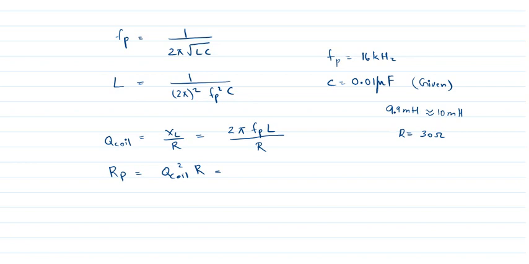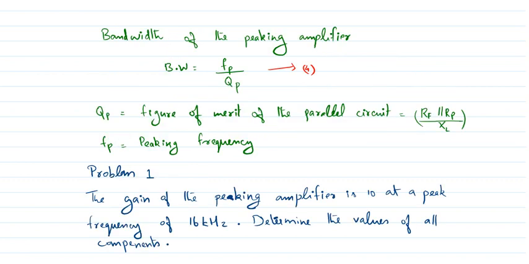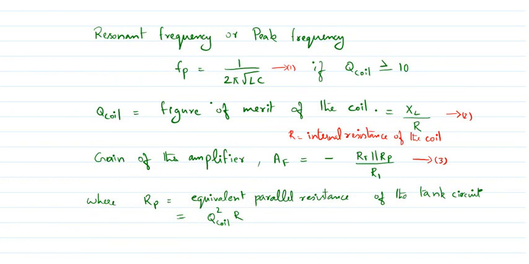Then, using the equation, you can find out RF. From the gain equation, AF equal to minus RF parallel Rp by R1, you can find out the value of RF.